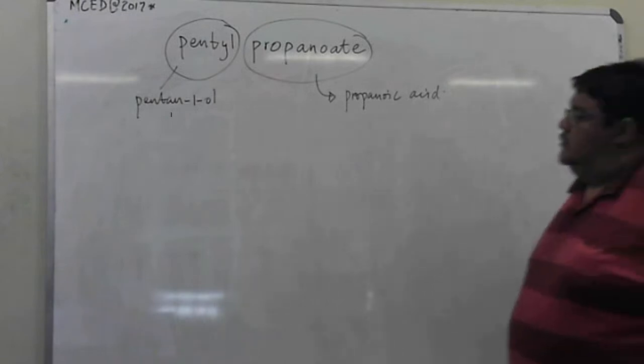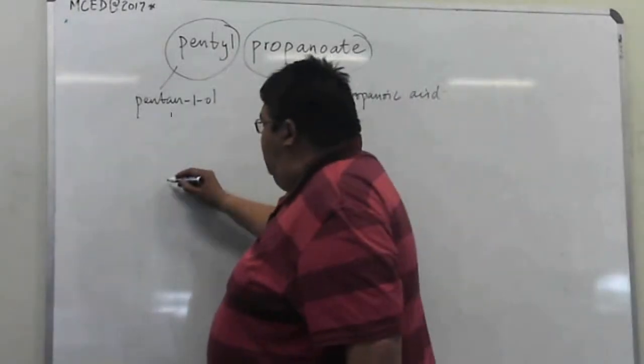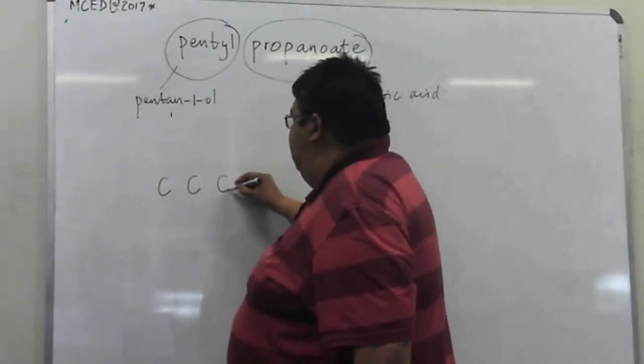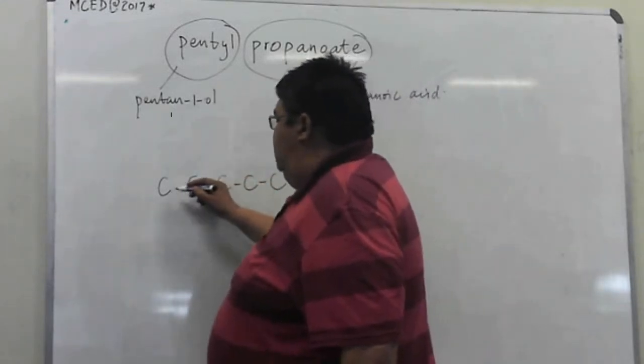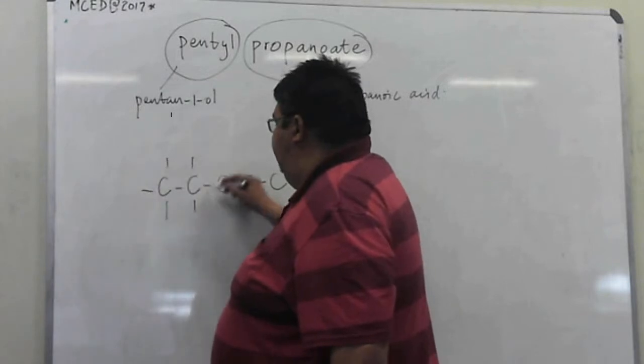Right, so pentyl, 1, 2, 3, 4, 5, and that's my alkyl group.